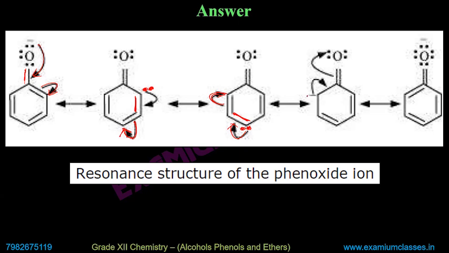When this double bond breaks, we have both the electrons here. Then again, these two electrons move here and form the double bond here. The moment we have a double bond here, this carbon cannot have five bonds. Again, this bond breaks, and the electrons are sent back to the oxygen. So here it will be a single bond, and there won't be these two electrons.